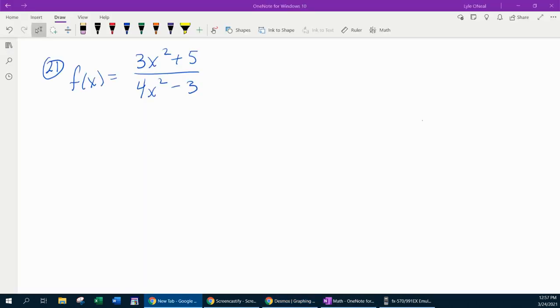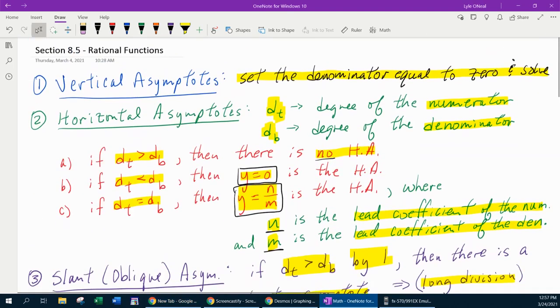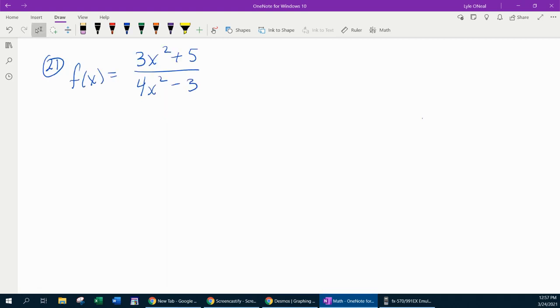All right, next example, number 21. This time the instructions ask us to find the horizontal asymptote of the graph of the function. So if we scroll back up to our notes, in order to find the horizontal asymptote, we need to compare the degree of the numerator to the degree of the denominator. So the degree of the numerator is 2, and the degree of the denominator is 2.